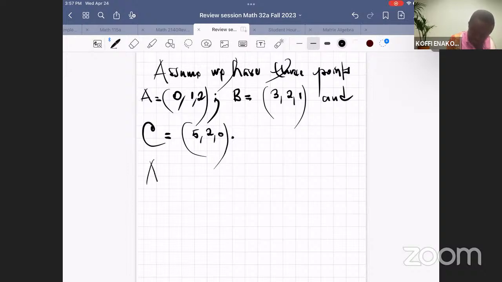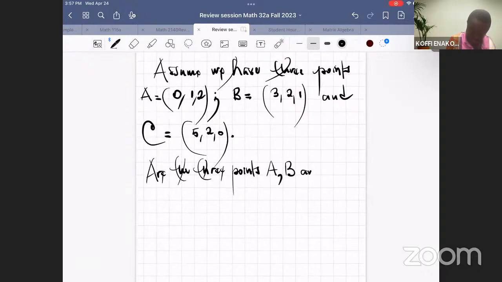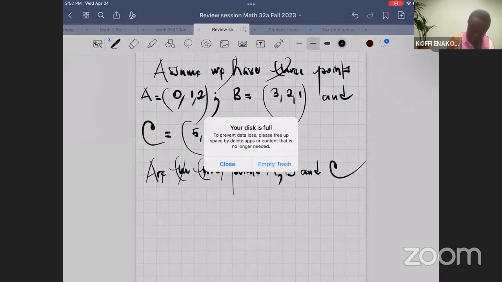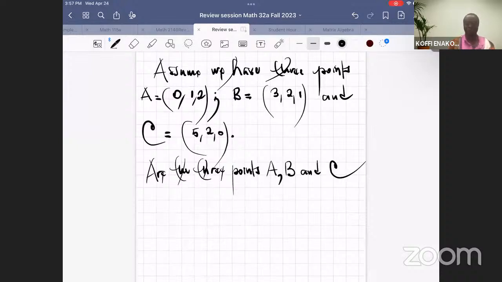Question: are these 3 points A, B, and C on the same line?